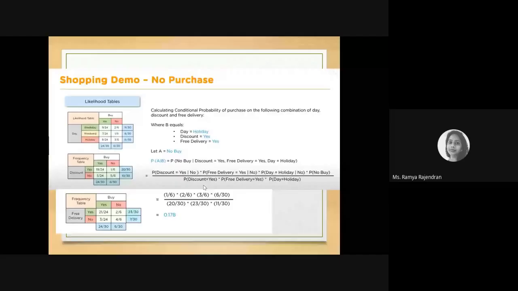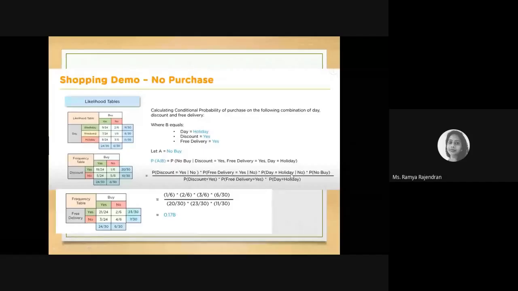So it's the probability of discount is equal to yes when the person is not buying, multiplied by the probability of not buying when there's a free delivery, the probability of not buying when the day is a holiday, multiplied by the probability of not buying, whole divided by the probability when there's a discount, when there's a free delivery, and when the day is a holiday.